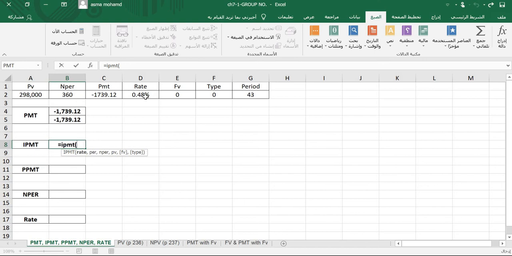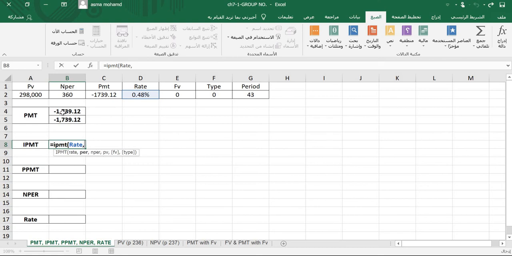We'll start to insert the rate and then the period. The period here, notice it's not the NPER, the one we have used here. It's period. Which period are we talking about? For example, is it the first period or the second period?